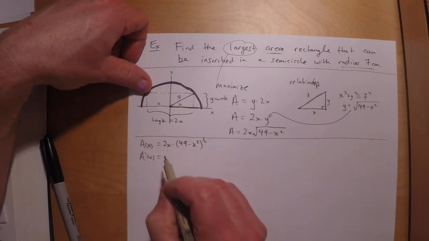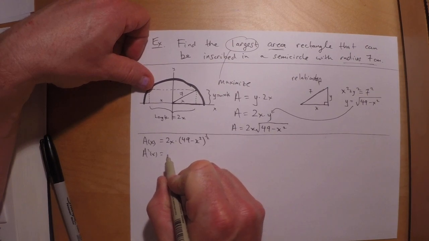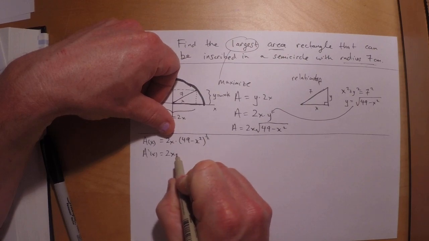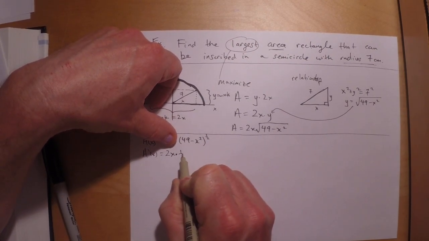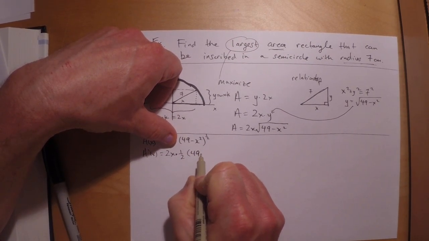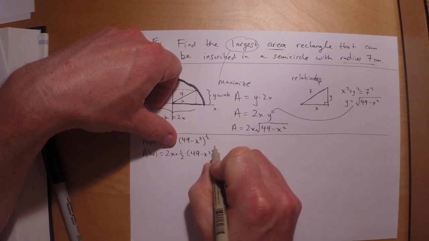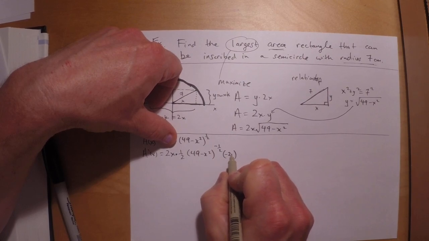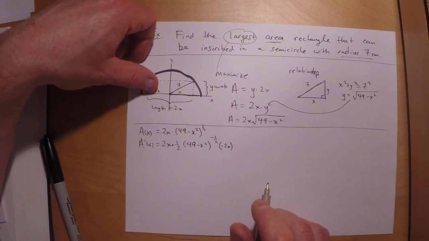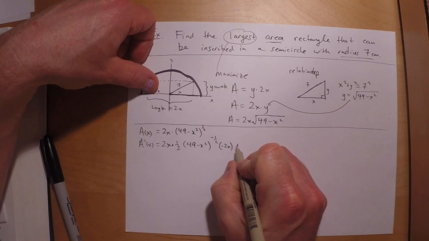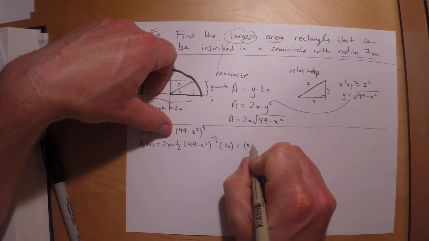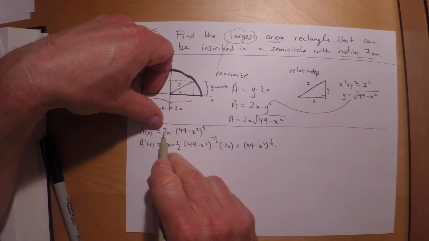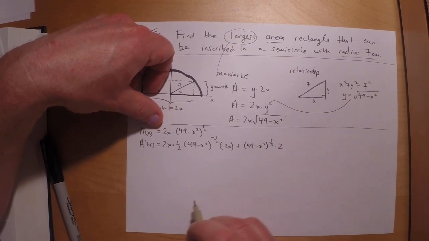It's been a while. Don't forget the baby. So here we go. First function times the derivative of the second. That's going to involve a chain rule. 1/2 comes down, inside stays the same, lowers by 1, times the inside derivative of the baby, in this case is 2x, plus the second function, which is this guy, times the derivative of the first, and the derivative of 2x is just 2.